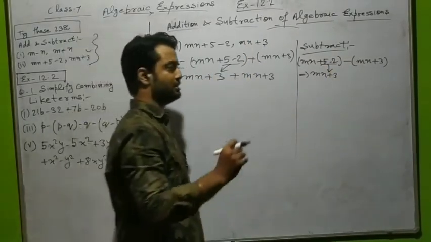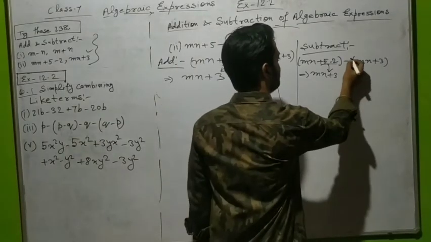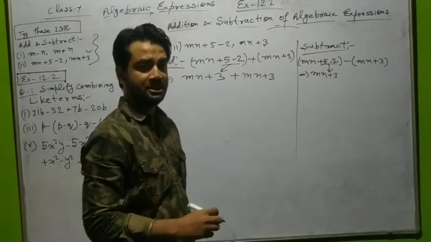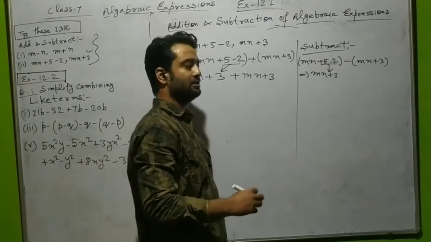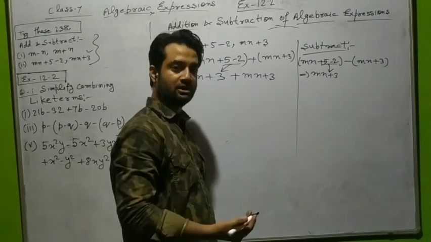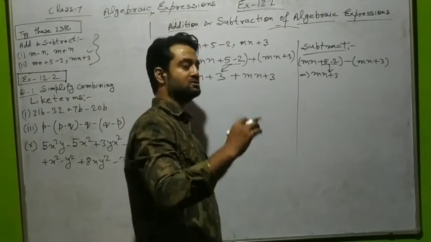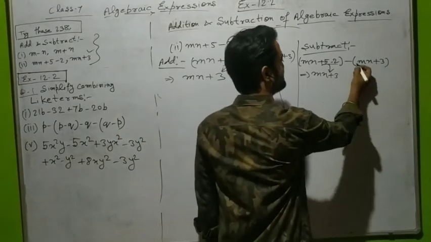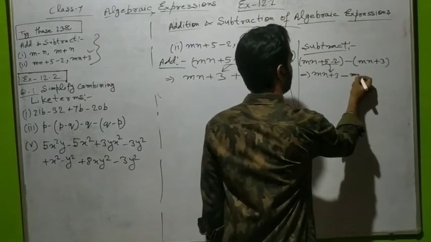But now comes the twist. Here is the negative sign. So when there is a negative sign, the elements inside the bracket change their sign from positive to negative and from negative to positive. So that is why plus mn becomes minus mn.